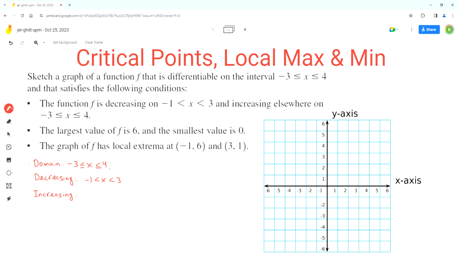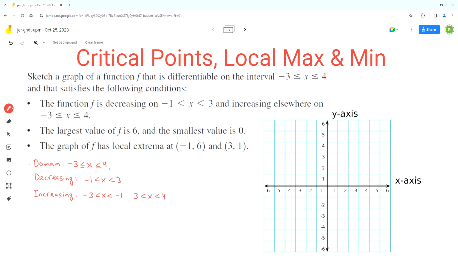Now the domain starts at -3 on the left side and the decreasing interval starts at -1. That means the function is increasing from -3 to -1. Also the domain ends at 4 but the decreasing interval is ending at 3. That means the function is increasing from 3 to 4.